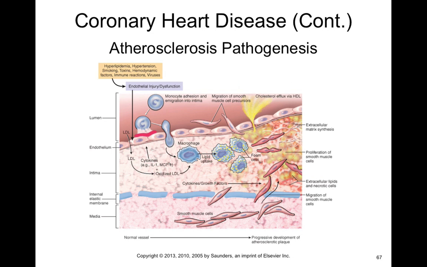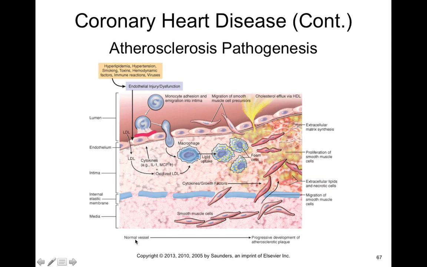Now, what this slide shows is a progression of atherosclerosis from time zero over the course of years or possibly even decades. We'll start over on the left here. This is what a normal vessel should look like.